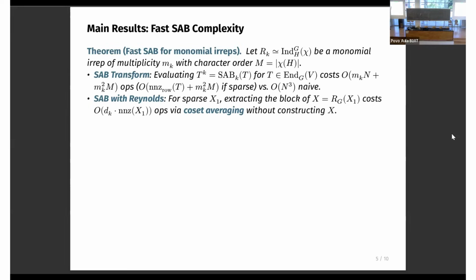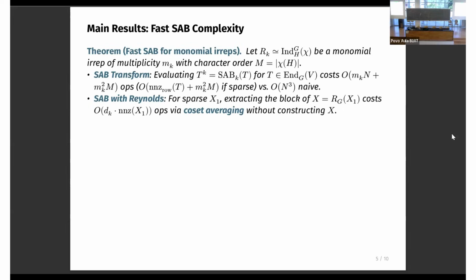This is for the dense case, by the way. The only extra factor is the order of the image of the character, which is a group.